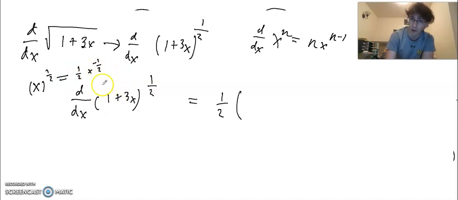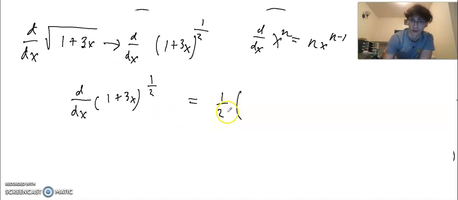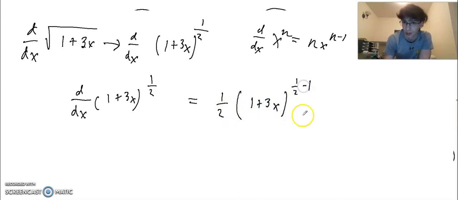But we're going to do that same process with the extra step at the end, where we multiply by the derivative. I feel like I jump around too much, I might confuse you guys, but so 1/2 minus 1, which is just negative 1/2.